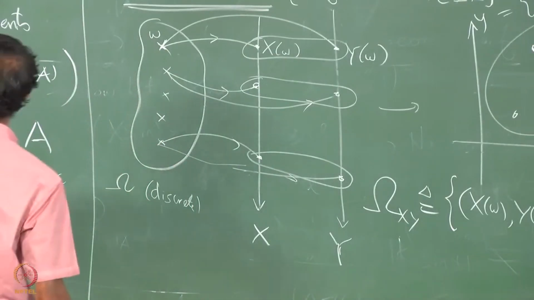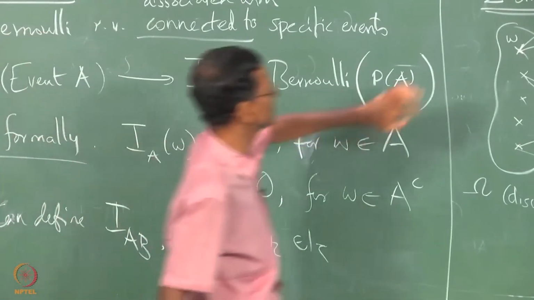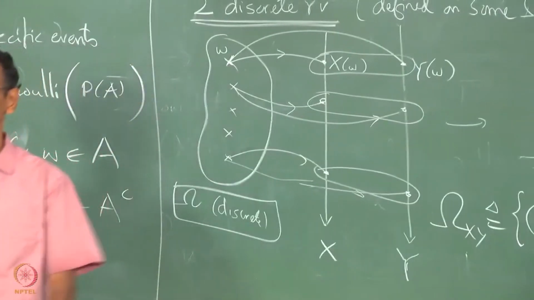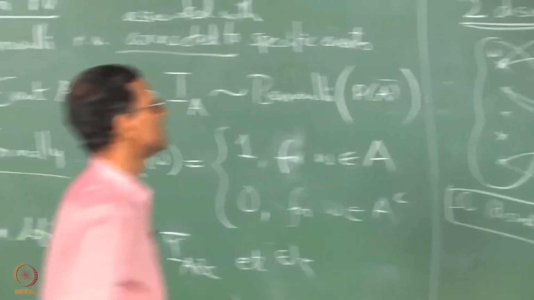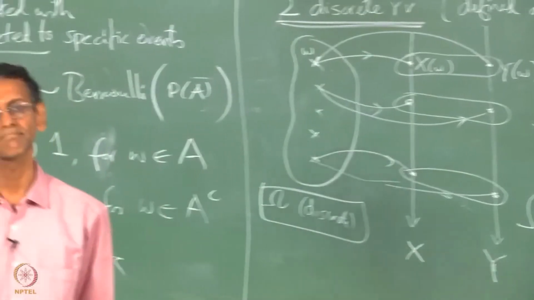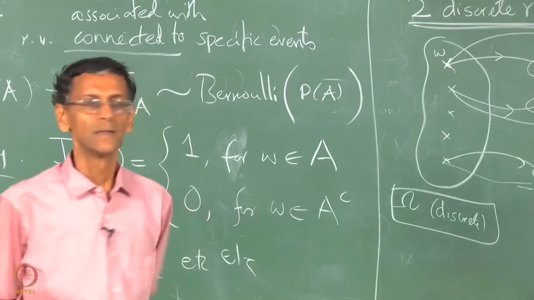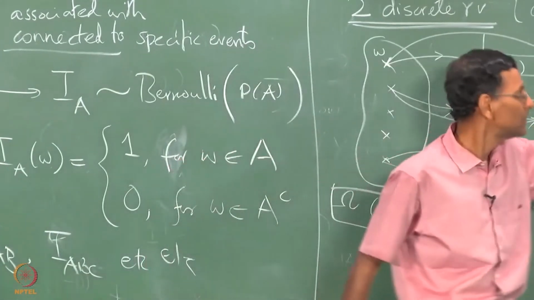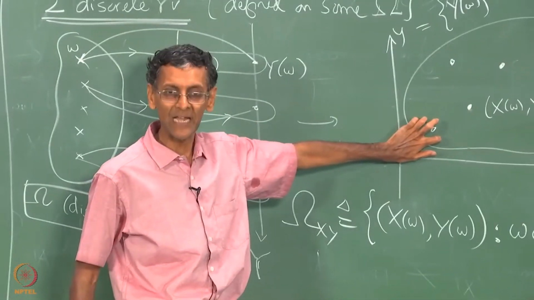And when the underlying sample space, capital omega, is discrete, there is no way that omega xy is going to be anything other than countable. How many points? Supposing I have n points here, I can only get a total of n points here. I cannot get more. I can get less, but I cannot get more.